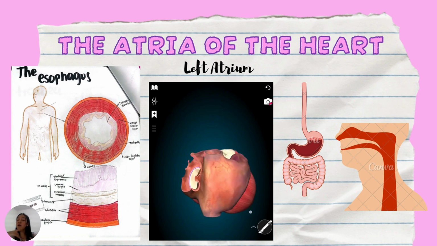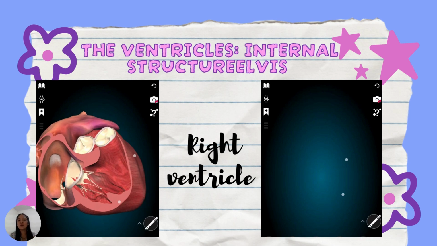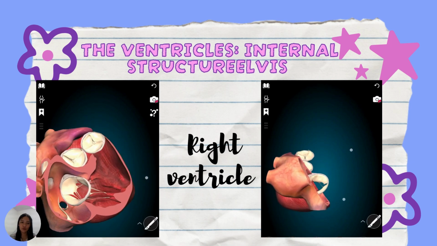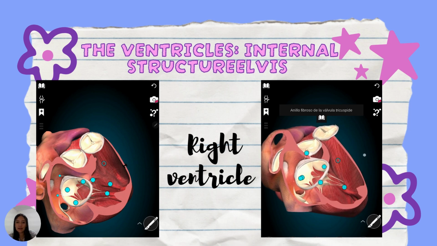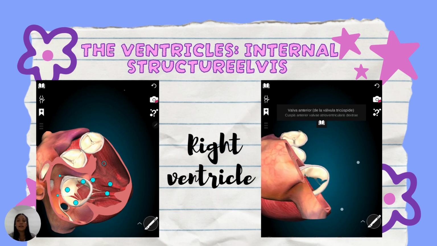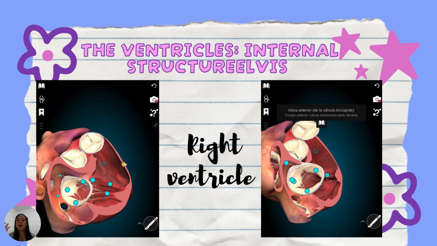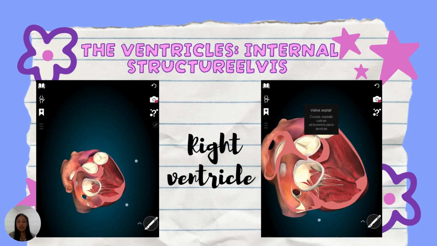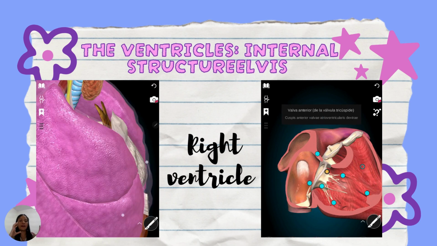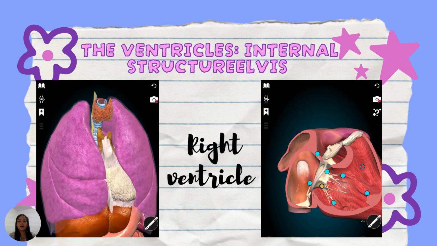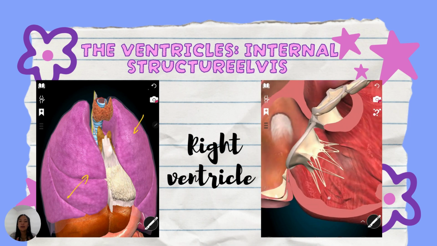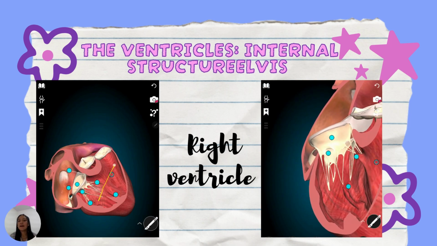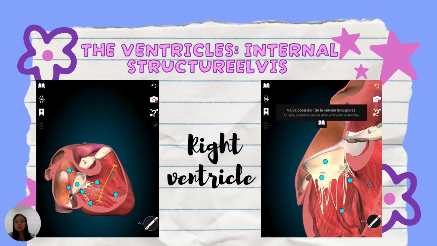So now we are going to continue with the ventricles' internal structures. The right ventricle is thinner, because it only sends blood to the lungs, which are very close and require low pressure.